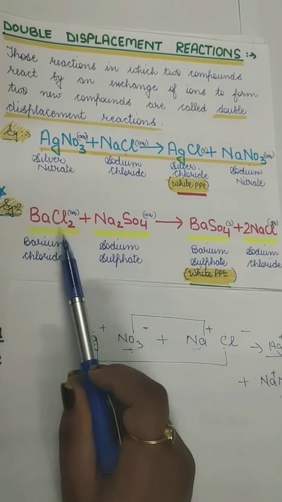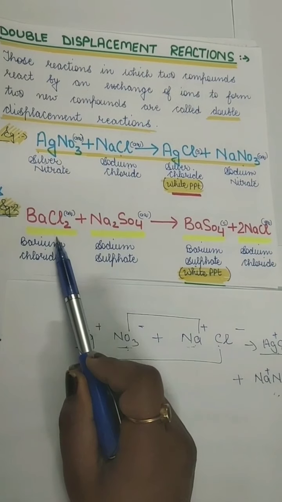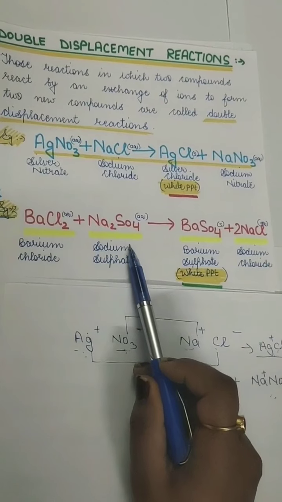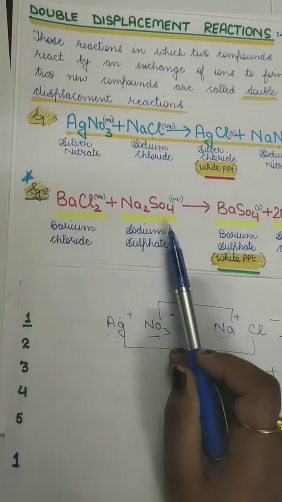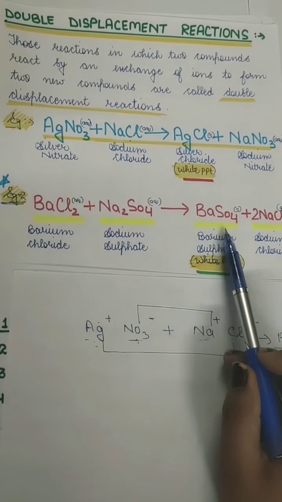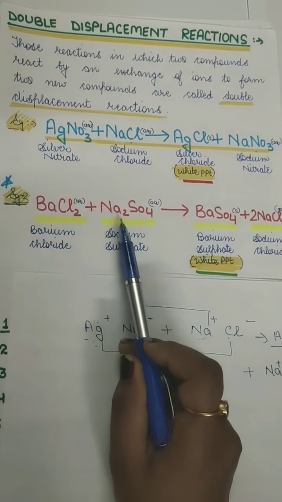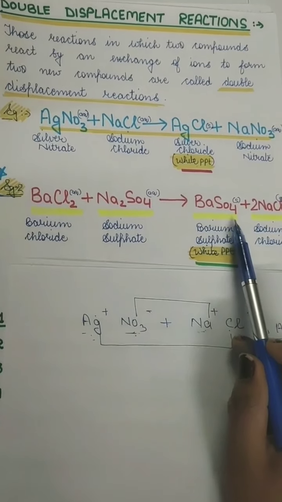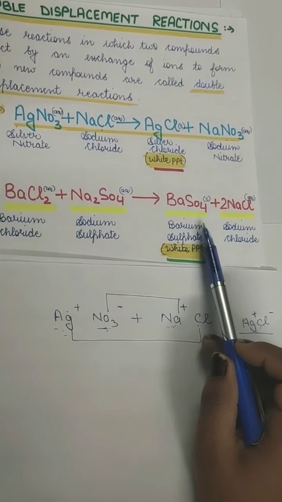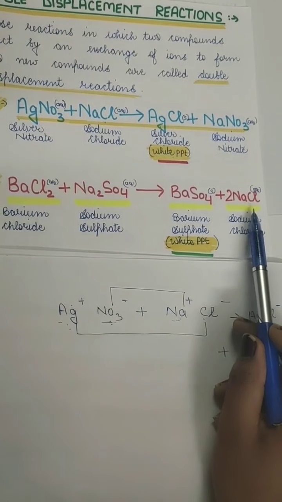Again we will have to take aqueous solutions: BaCl2 will be mixed in water forming a barium chloride solution, and sodium sulfate will be mixed with water forming a sodium sulfate solution. When we take these two solutions in different test tubes and mix them together, as soon as we mix them, we will get some white colored precipitate. The precipitate will be of barium sulfate. Along with this, we will get some sodium chloride.